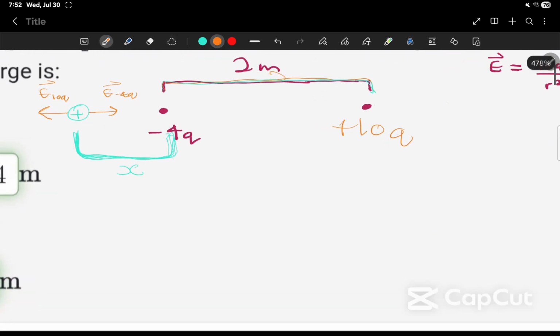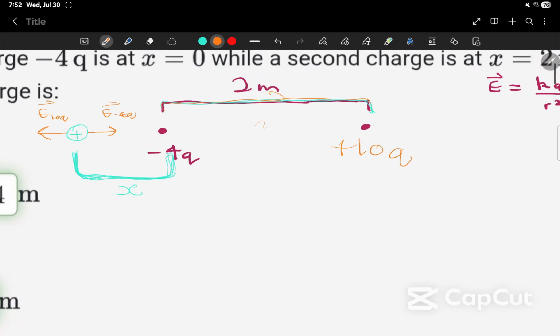The first thing you have to do in this type of question is that you take a positive test charge and you place it in this location on the right hand side of both of the particles, and then in this location between the two particles, and then in this third location on the left hand side of both of these given charges. And what you're going to do by placing a positive charge in each of these regions is to see the electric field vectors.